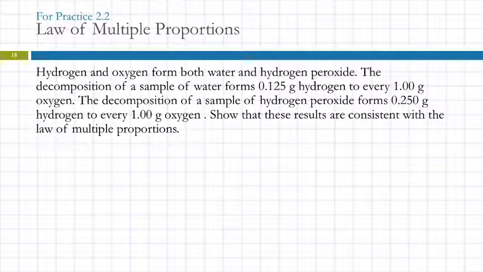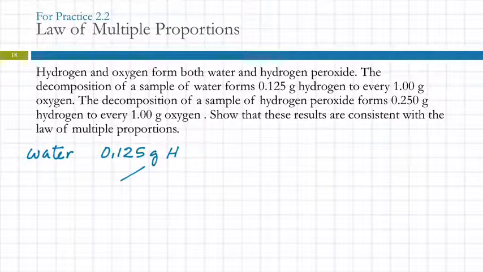So for the water, the ratio is 0.125 grams of hydrogen to 1 gram of oxygen. And here they put oxygen on the bottom, and so we're getting ratios that are less than 1.